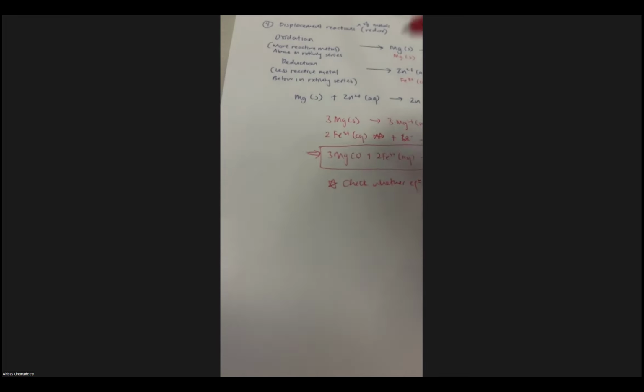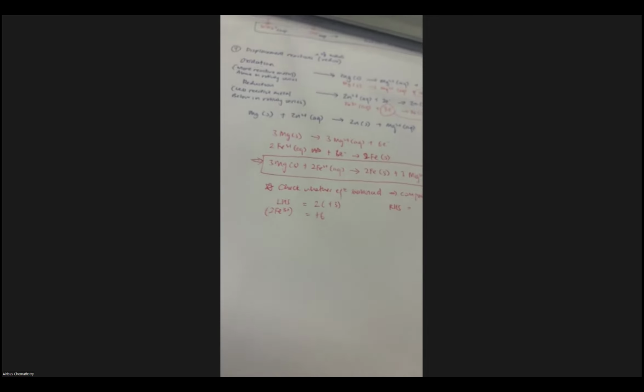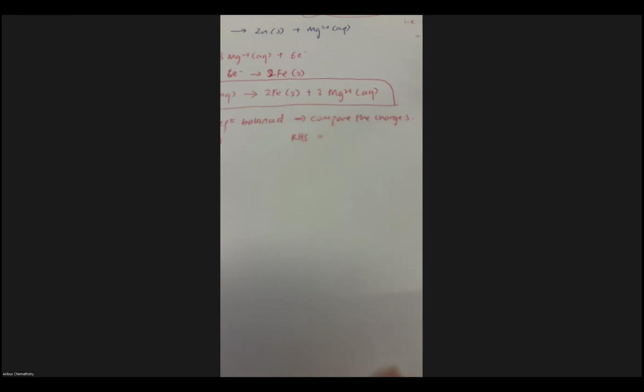On the left hand side, 2Fe3+ is the one carrying the charge, so it's 2 times +3, which is +6. On the right hand side, it's 3 times +2 because it's 3Mg2+, which is +6. They should be equal because the number of electrons transferred throughout remains the same. So the equation is balanced.